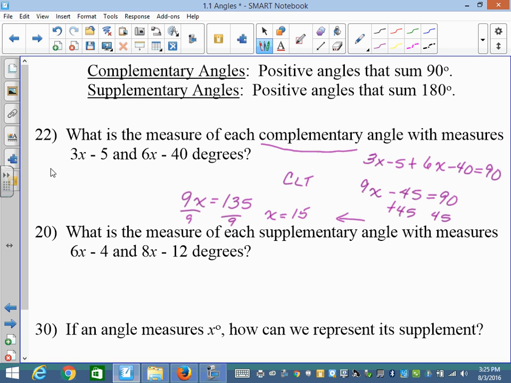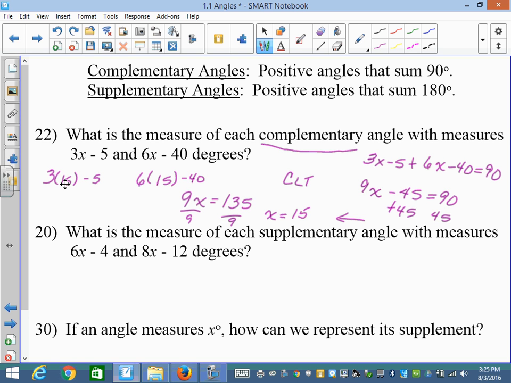So that means 3 times 15 minus 5, and 6 times 15 minus 40.